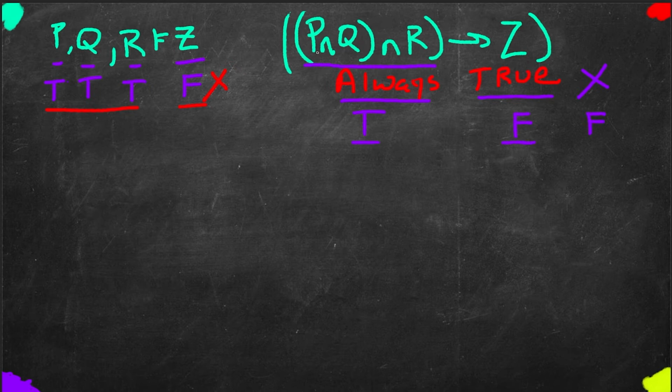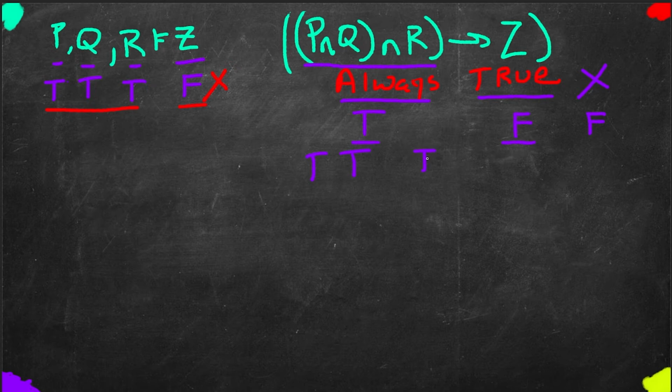Now let's look at what would be the case if the antecedent of the conditional is true. Well, if we look at this formula, we see that P and Q and R is a big conjunction. And so what has to be the case if this formula is true is that P is true, Q is true, and R is true.